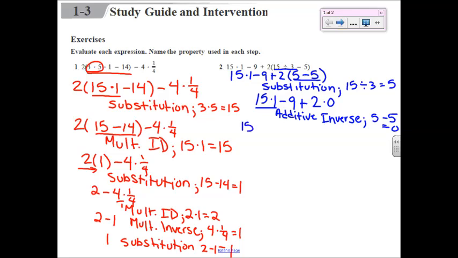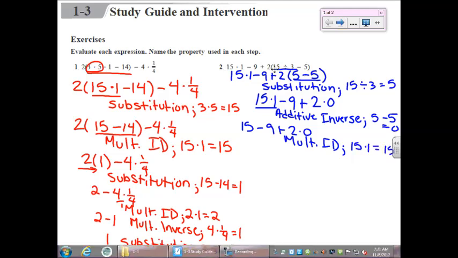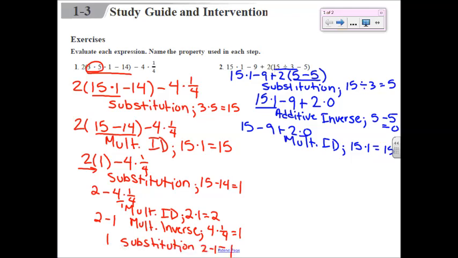So 15 minus 9 plus 2 times 0. Multiplicative identity. 15 times 1 equals 15. And the next multiplication we run into is 2 times 0, and that is the multiplicative property of 0.